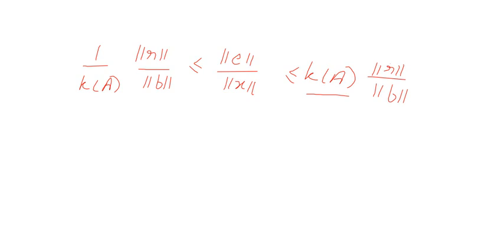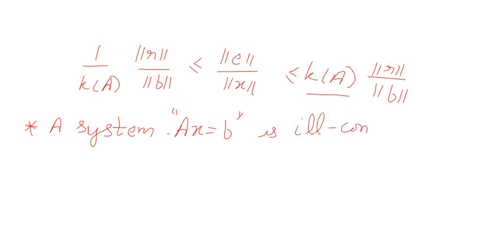And let us see what happens when the system is well conditioned. We will say a system AX equals B is ill conditioned if k of A, the condition number, is large.